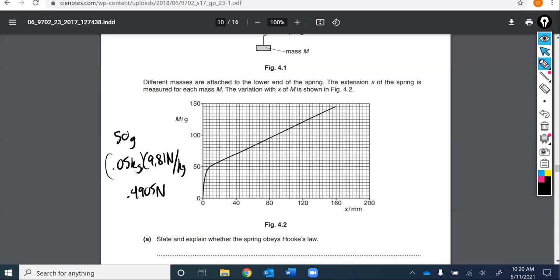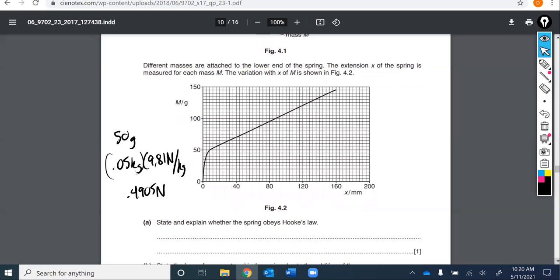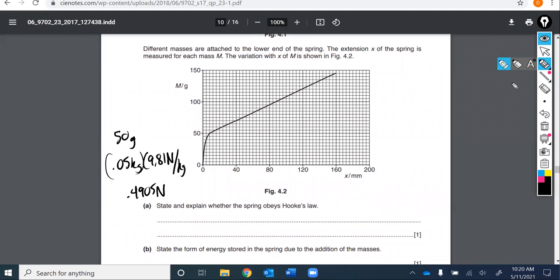So we could say, because the extension is not, I feel like always, because it is for most of it, right?